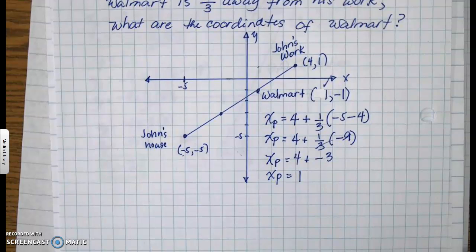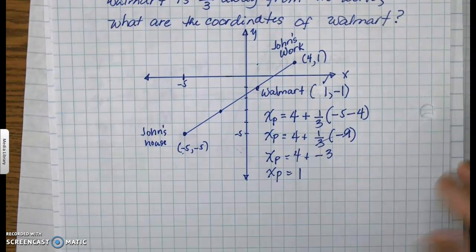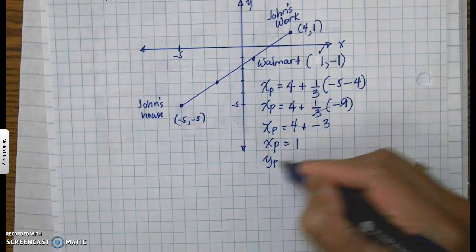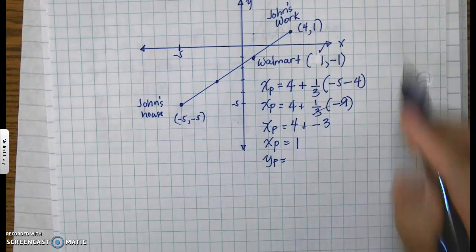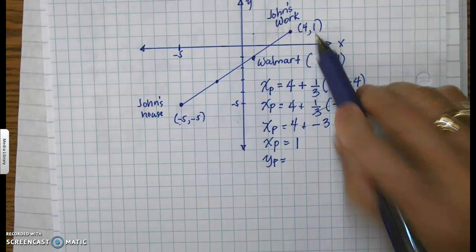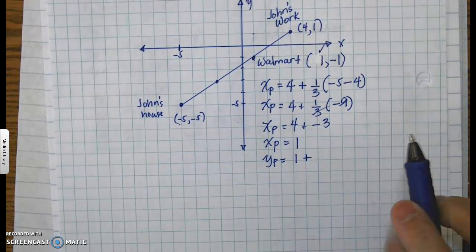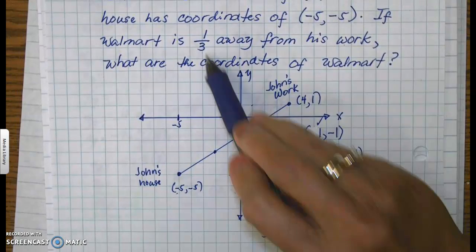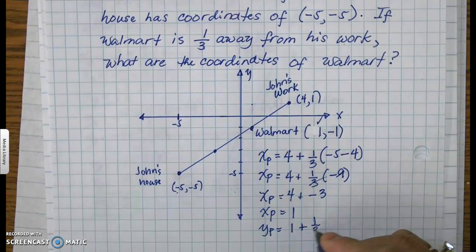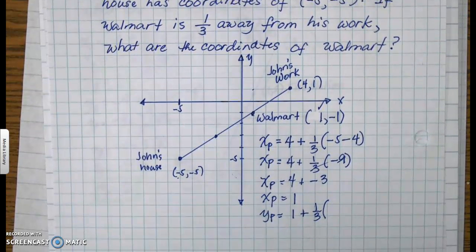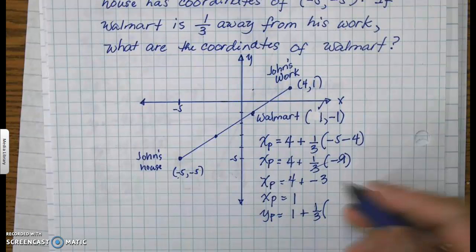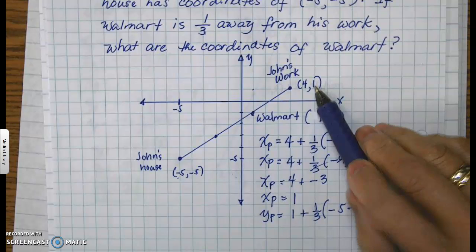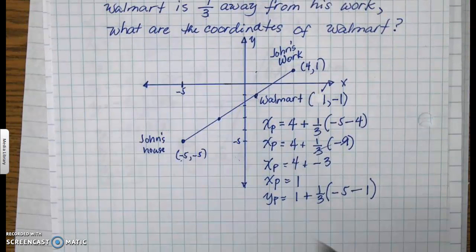Now let's go ahead and solve for the yp. So our yp is going to be the beginning point on the y plus your fractional distance of 1/3, and then you're going to have your endpoint of the y, so negative 5, minus, which is fixed, and you go back to your beginning y.